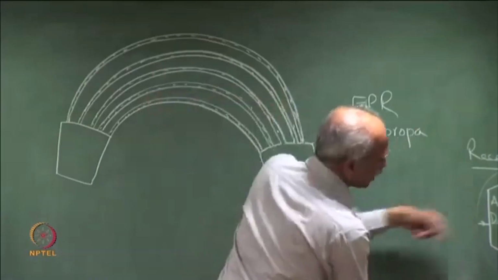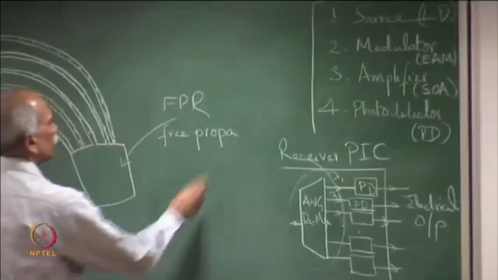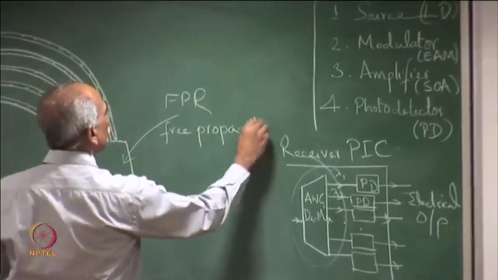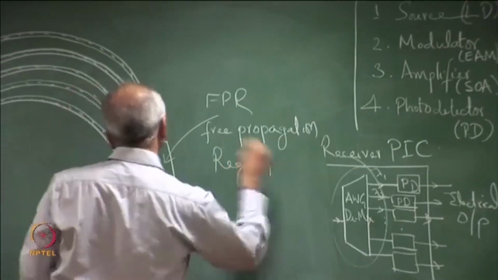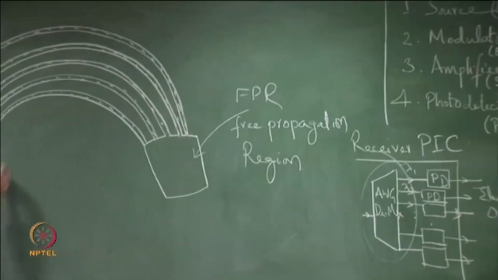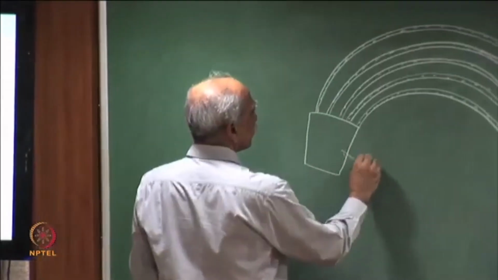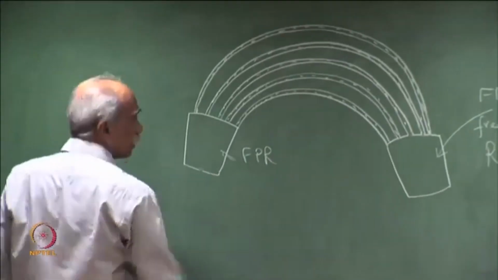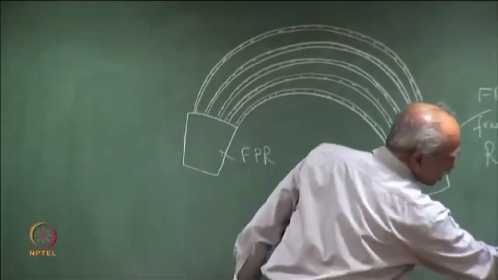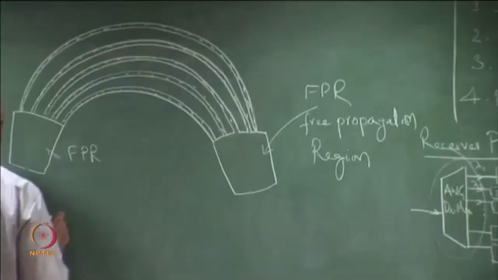I am showing this DMUX, free propagation region. So, this is another FPR. Here is the input, the input which is entering the DMUX is here.